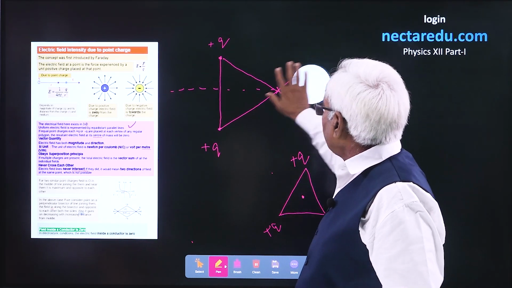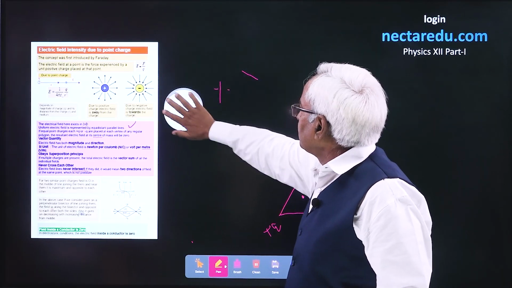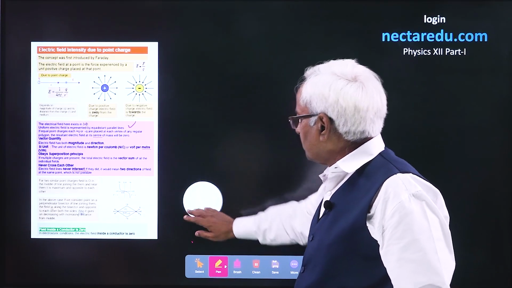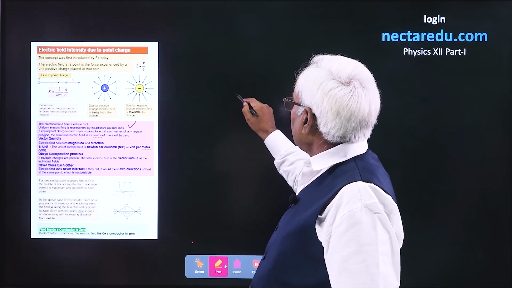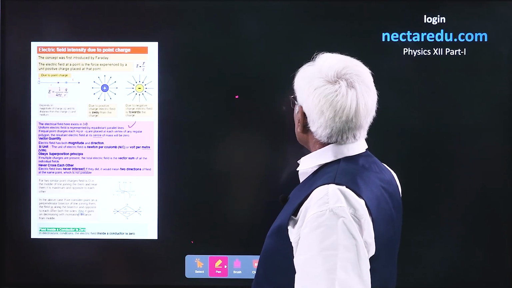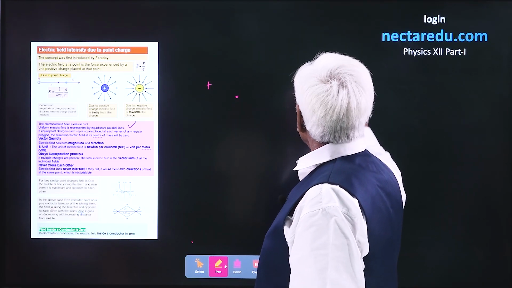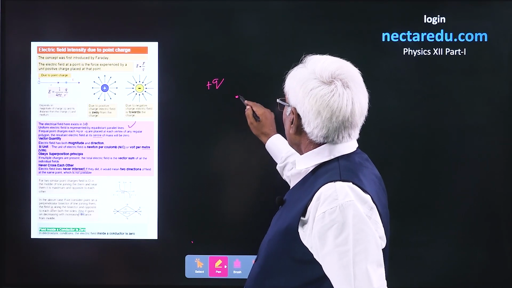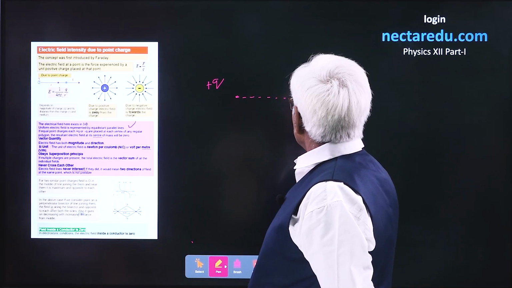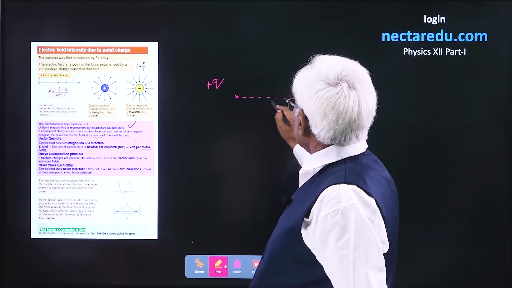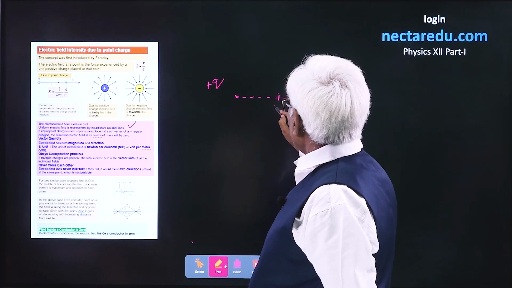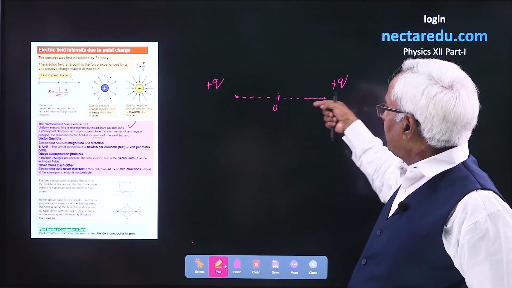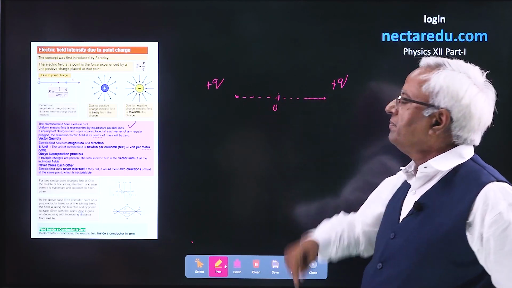Then comes one very interesting case that needs a little carefulness for understanding. You see, I would consider here two charges. Both the charges are similar. And suppose this line is considered. This is the middle point of this line. We want to find the electric field at different points of this line.